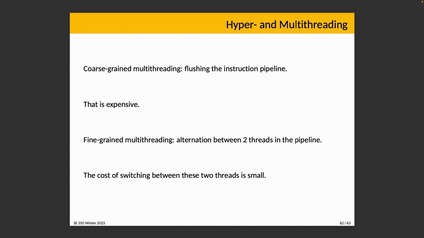So flushing it was actually more painful and more expensive than we might imagine from the simple CPU model. So with that said, switching between two threads within the same pipeline is actually more beneficial, because it does reduce the amount of work that's necessary every time that we are switching.